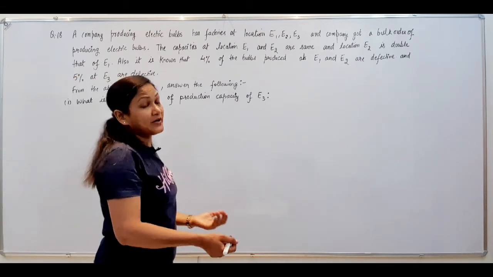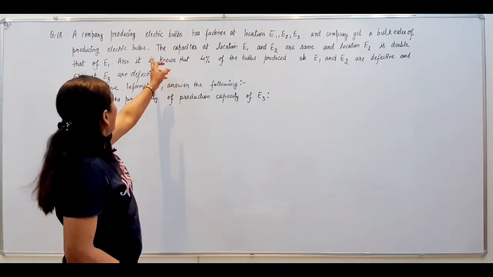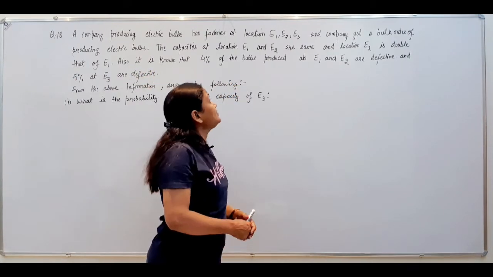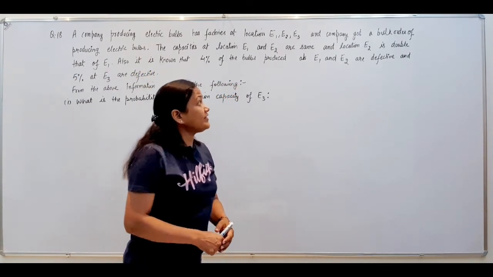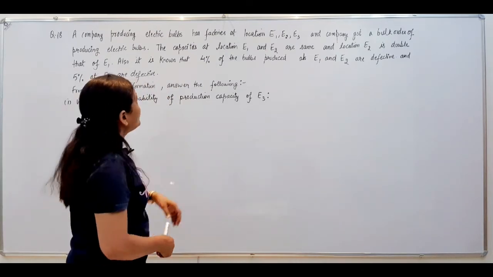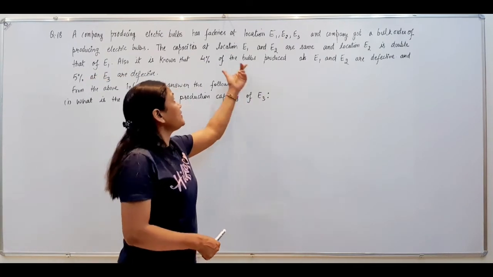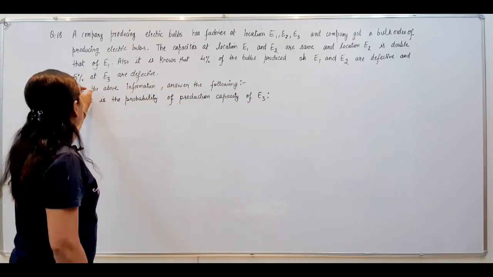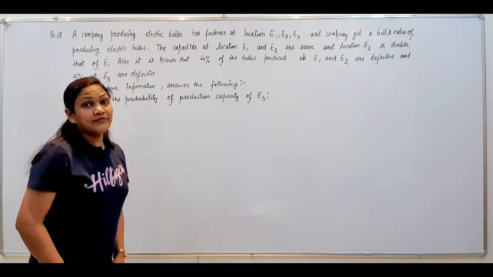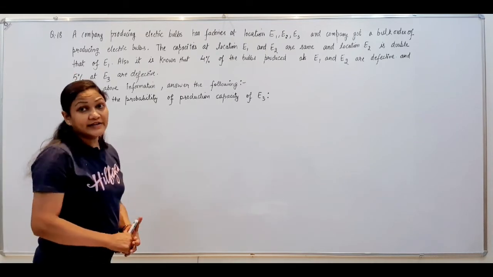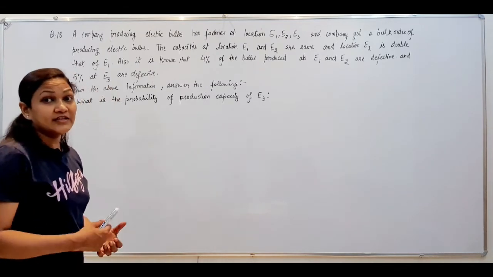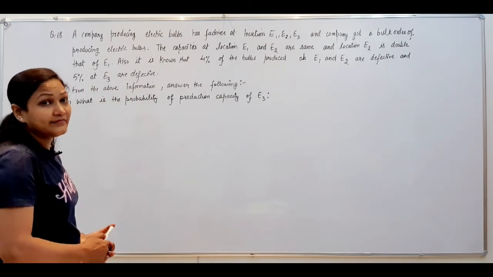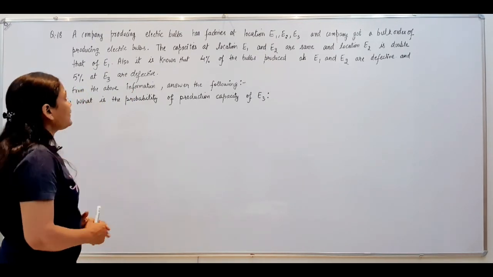At E2 double production is happening. Now also it is known that 4% of the bulbs produced at E1 and E2 are defective. The probability of producing defective bulbs at the factories E1 and E2 is 4%, and 5% at E3 are defective. At the E3 factory you are given the probability of producing defective bulbs, that is 5%.